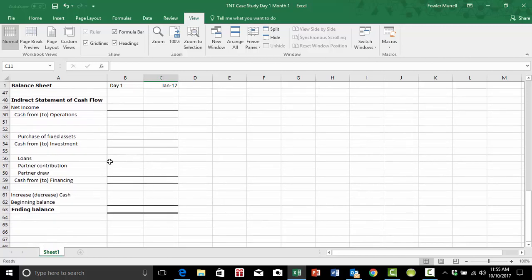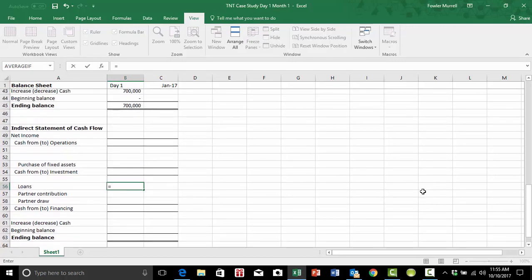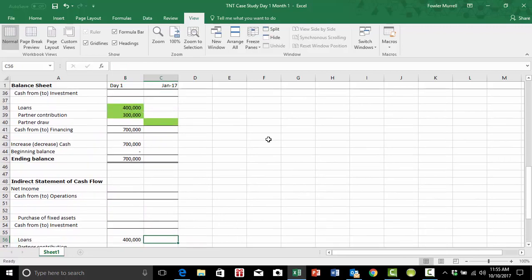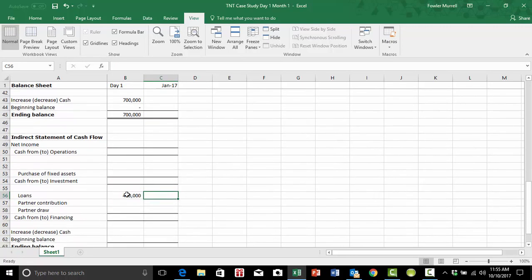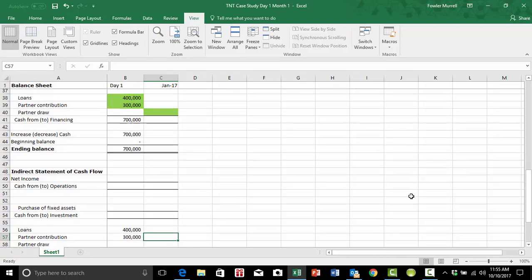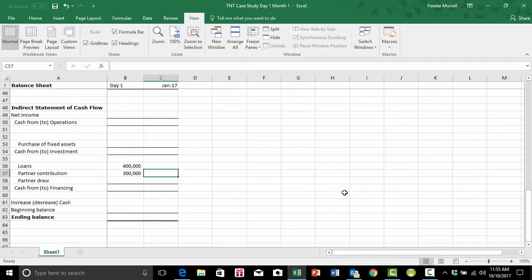We haven't purchased any fixed assets, but these other items we do have, and we just link these to what we already have done. So this is equal to that loan, and the partner contribution is equal to partner contribution here. Okay, and cash total is equal to sum.